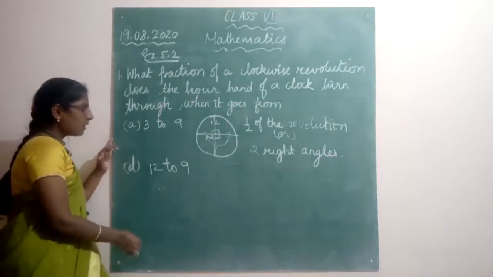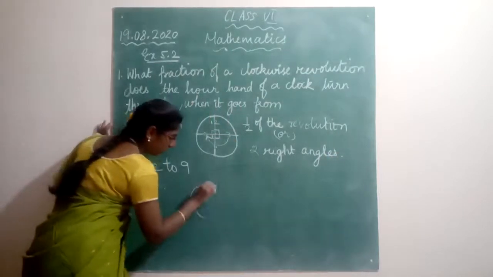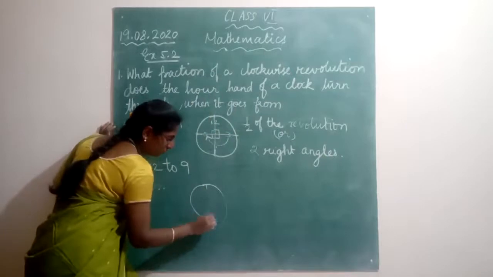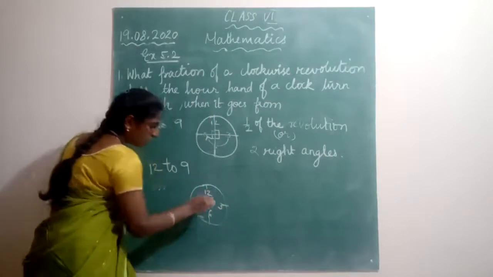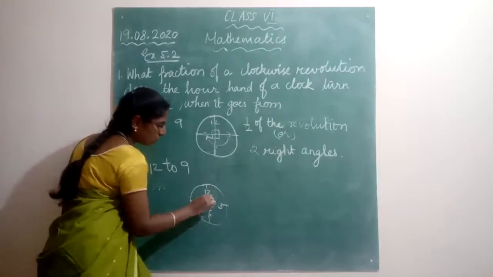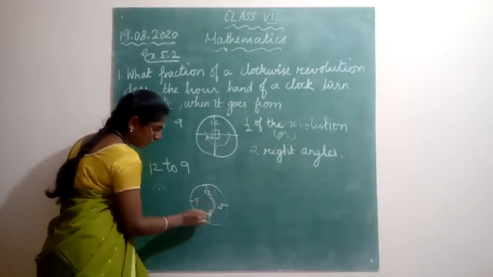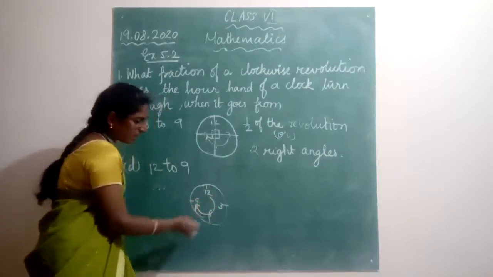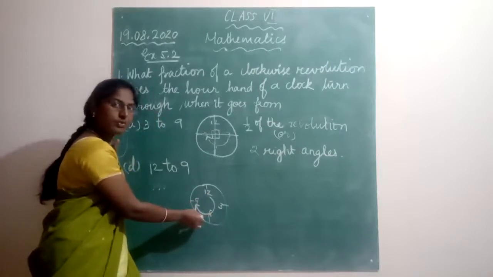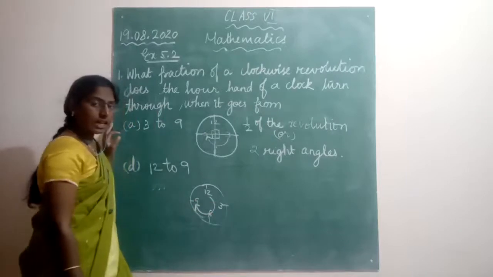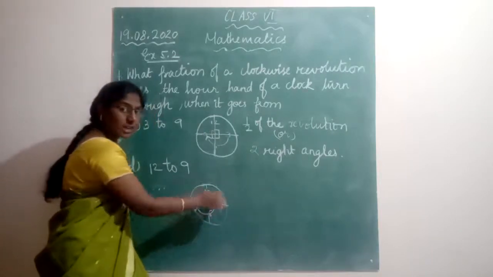Next we have, look here, from 12 to 9. From 12 the needle has to move till 9. So it is covering 1, 2, 3 right angles. Yes or no? Yes. And again it covers 3/4.